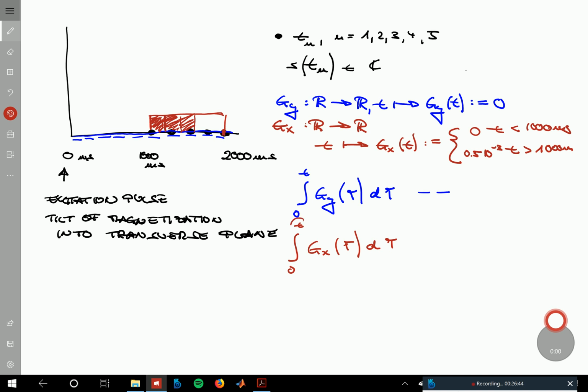Constant, if I plot it as a function of time? Think about it. For this time point t1, I plot this area. For this time point t2, I plot, always going from 0 to the current time point.